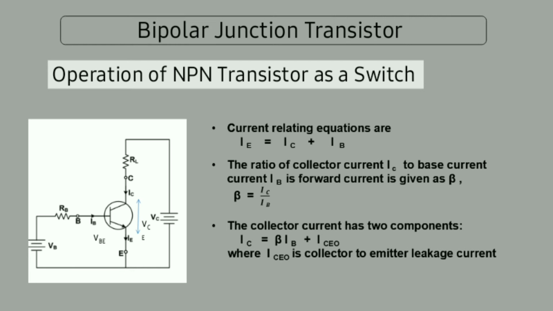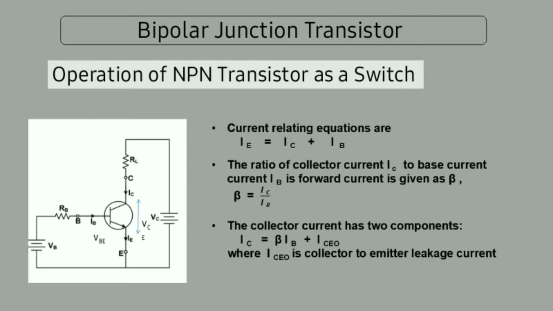And the ratio of IC to IB is given as the forward current gain, that is beta. Therefore, beta is given as IC by IB. And the collector current has two components, which is beta into IB plus ICEO, where ICEO is the collector to emitter leakage current with base open circuit and is negligibly small.